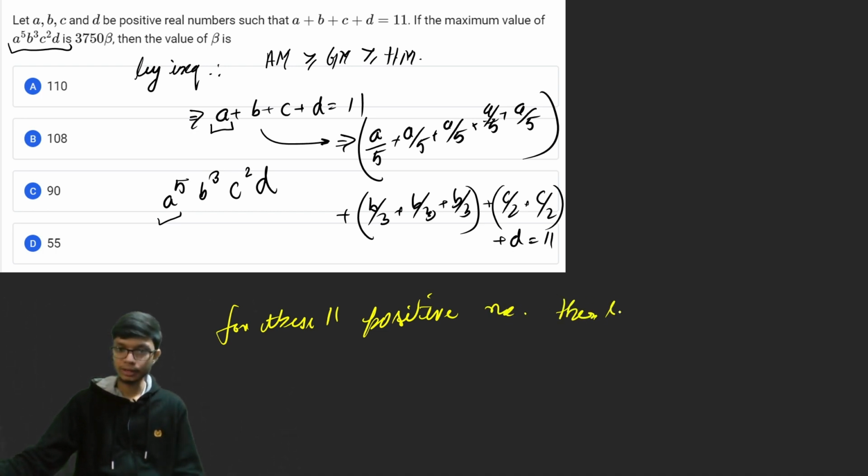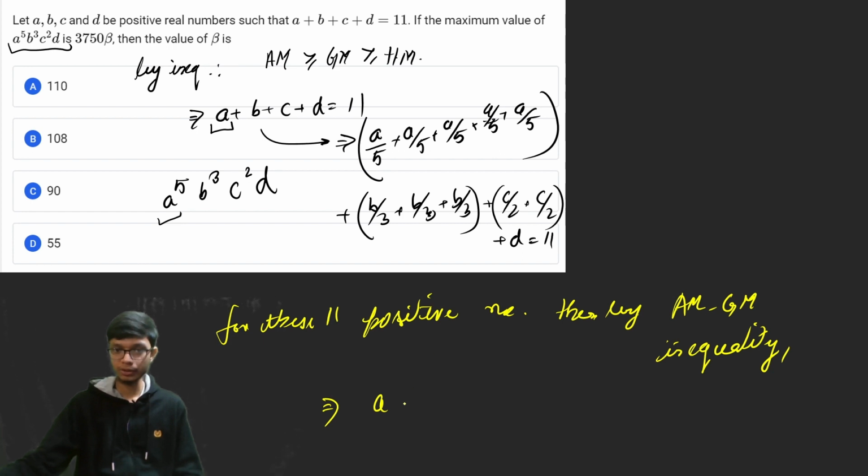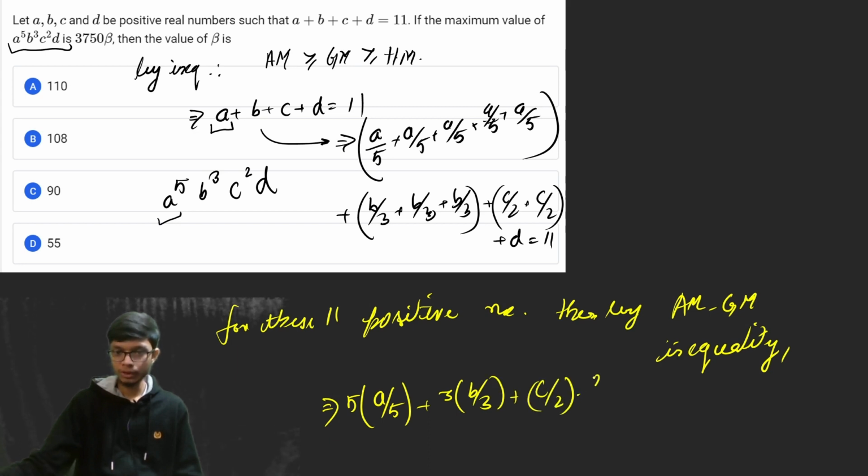Then by the AM-GM inequality, if I apply it, what will I get? The sum of the numbers on the AM side is 5 into A by 5 plus 3 into B by 3 plus 2 into C by 2 plus D, whole divided by the total number, 11, which is greater than or equal to the GM.